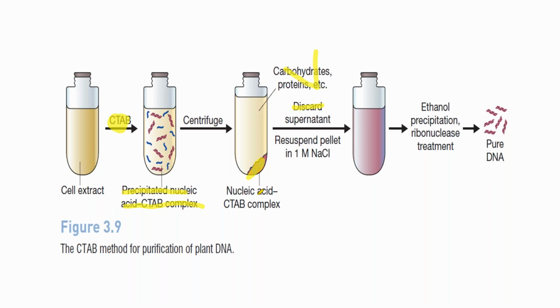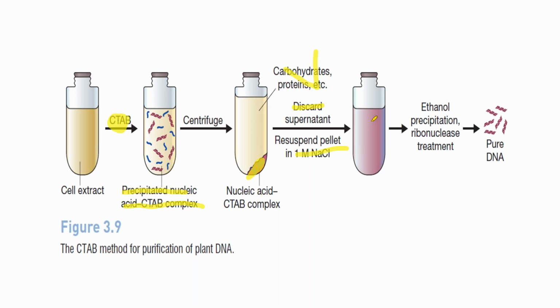Now, the nucleic acid CTAB complex is resuspended in 1 molar sodium chloride. As a result of this resuspension, the nucleic acid will become free from the CTAB complex. The bond will be broken.